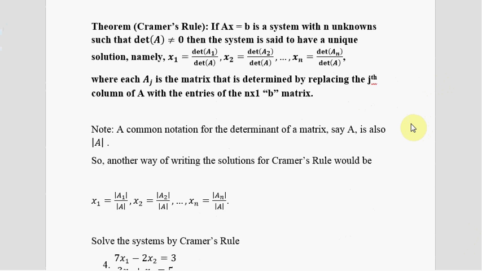If we give you a 2 by 2, then you'll have 2 of those matrices, and they're all divided by the determinant. Today we'll give an example of a 2 by 2, using Cramer's rule to solve for the solution. You can always check your answer by plugging your solution back into each equation to make sure both equations are balanced. Then the next thing we'll do is an example of Cramer's rule with a 3 by 3.